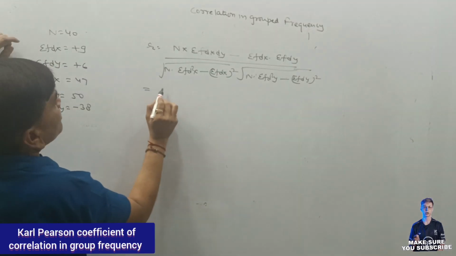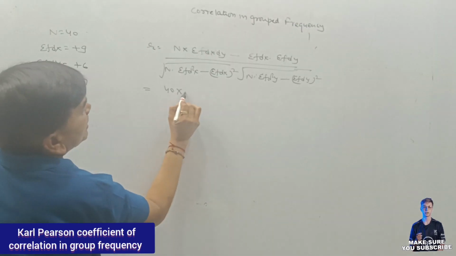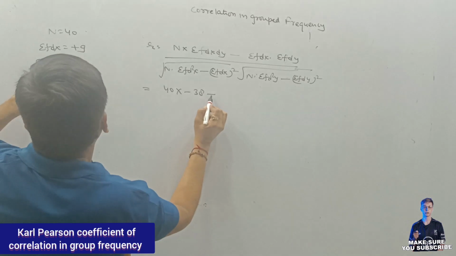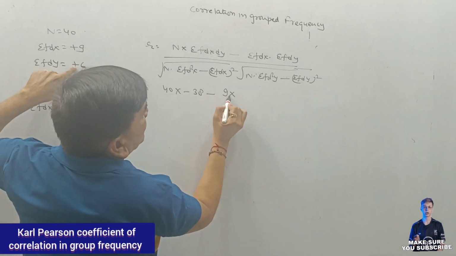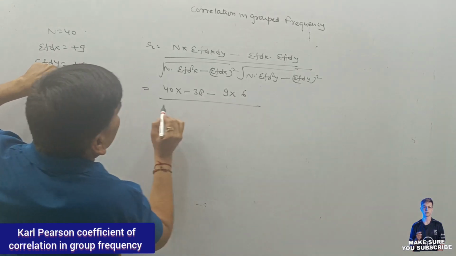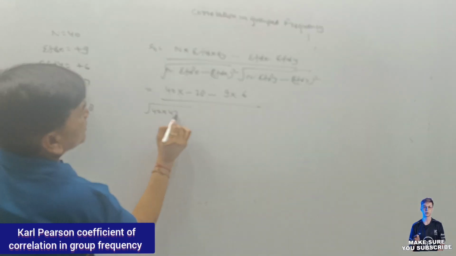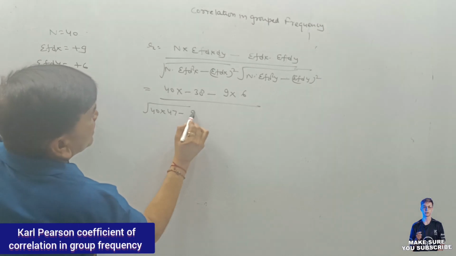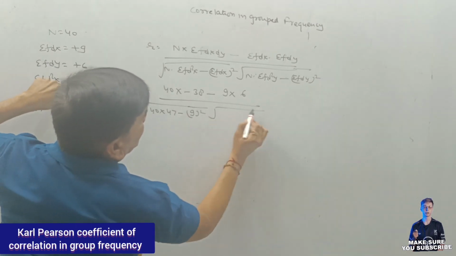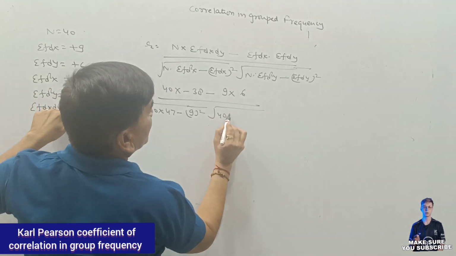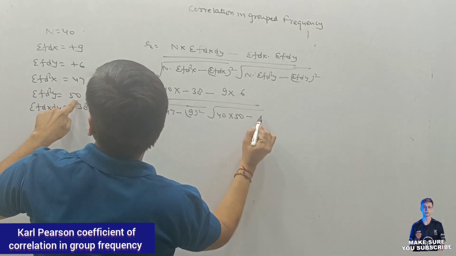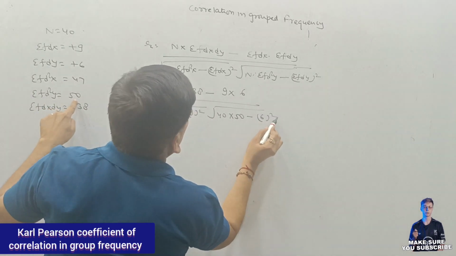So putting the values, 40 multiply minus 38 minus 9 multiply by 6, divided by, in first under root, 40 multiply sigma f d square x is 47 minus 9 raised to power 2, and 40 multiply by 50 minus 6 raised to power 2.